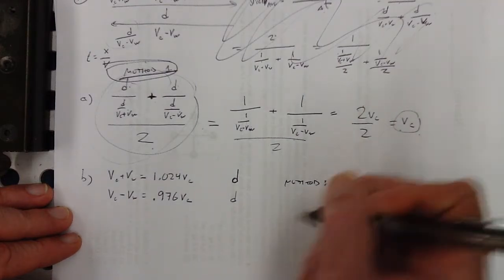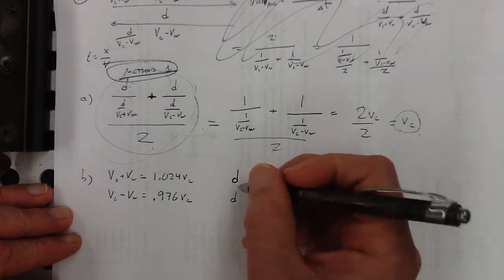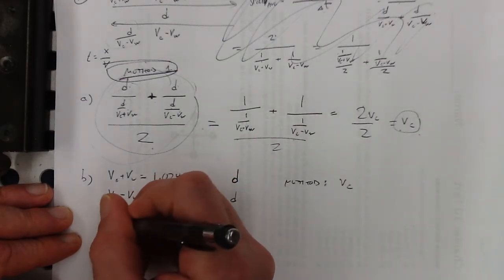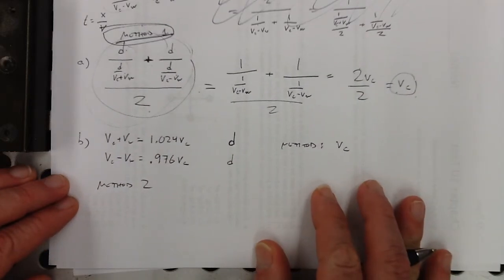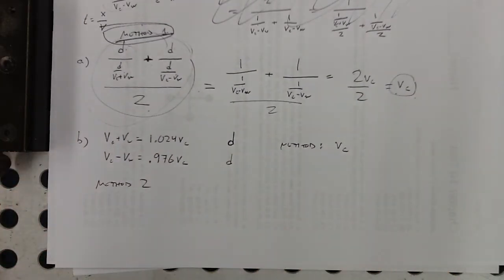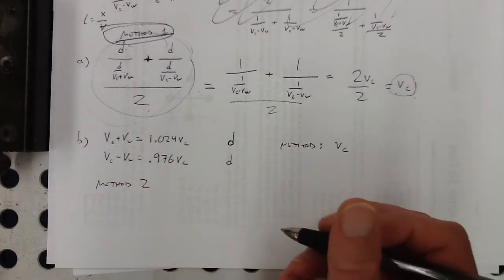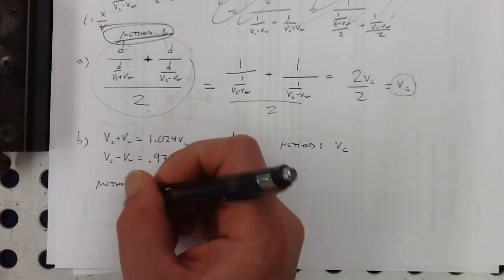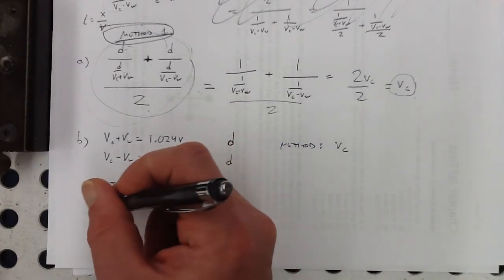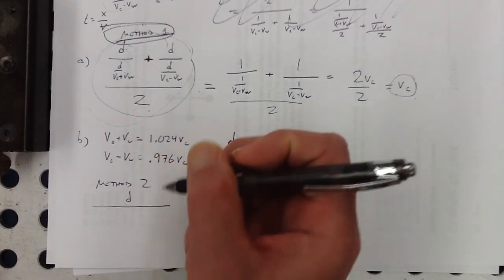So the question is, what does the other method give? Method 2 is, we never tested that one because we determined that method 1 was right. That one is divide d by the average of the times.